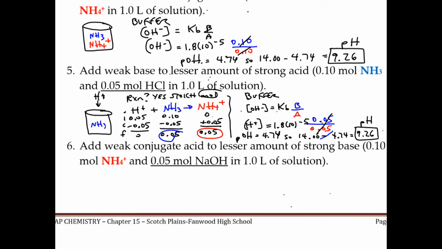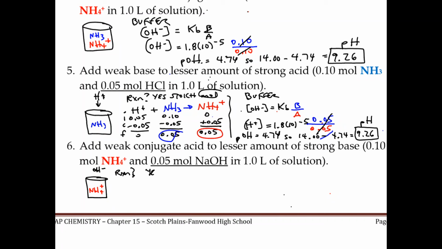Lastly, if you have a beaker and you just have NH4 plus in here, so that's the acid, and then you're going to add the OH minus into it. You're going to find out what happens by first asking yourself, is there a reaction? The answer is yes, stoichiomoles.